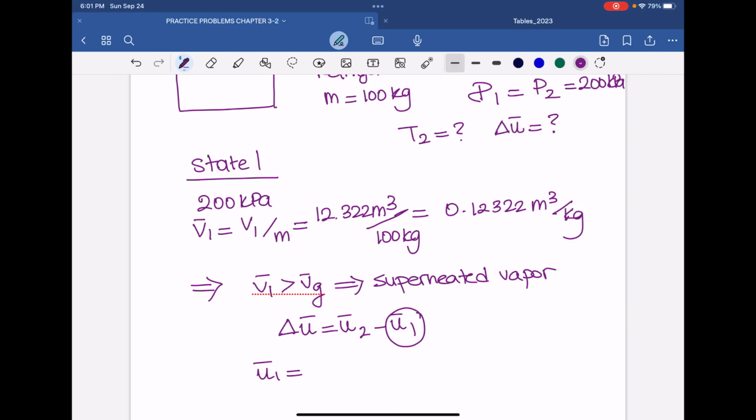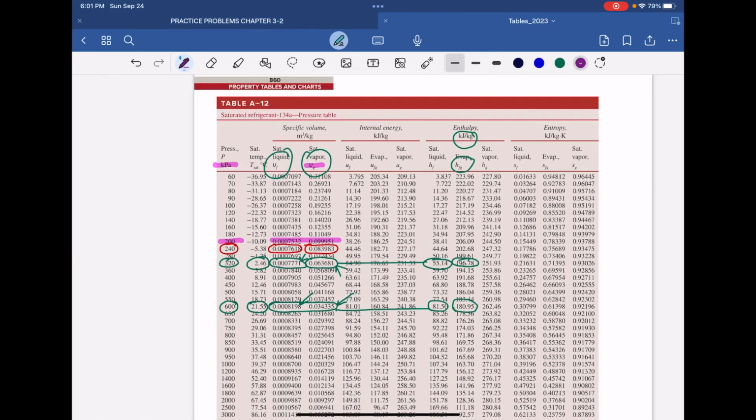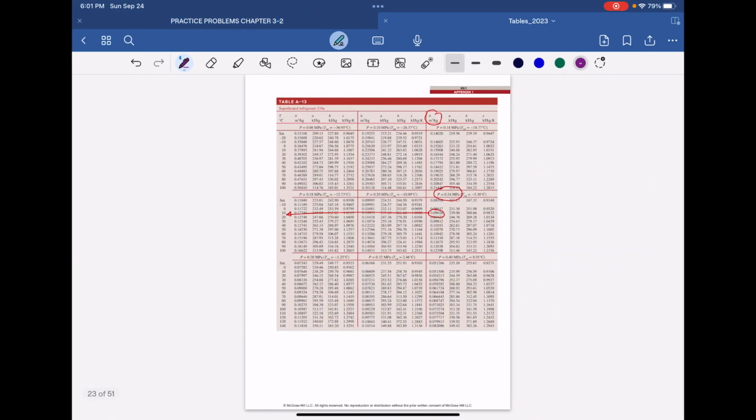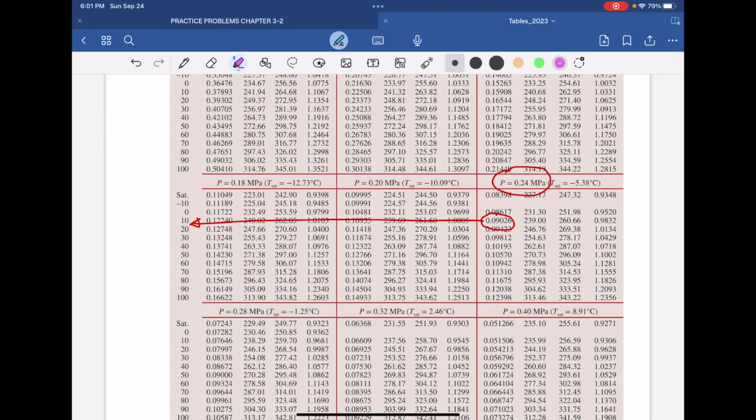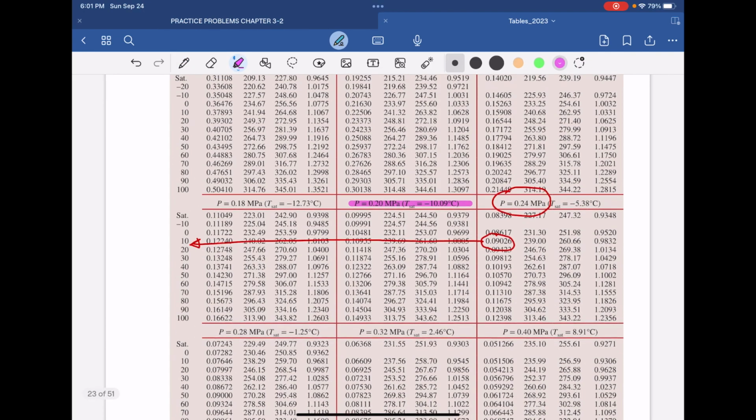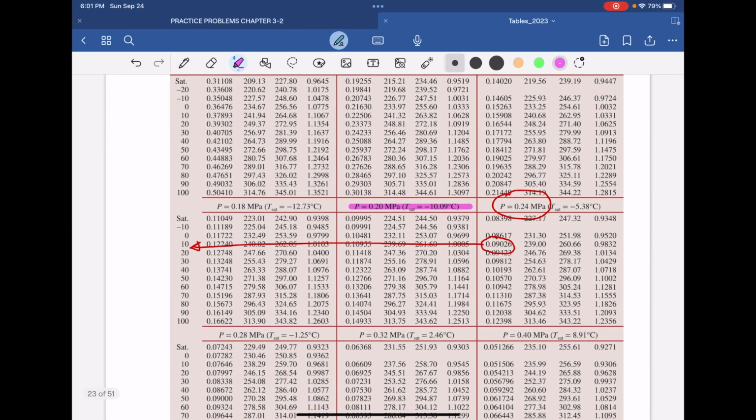Let's go and choose the correct tables. Superheated tables, the pressure is 0.2 megapascal here. And then we are looking at a volume of 0.12. This is very close, because we have 0.12322, which is actually not close, exact.